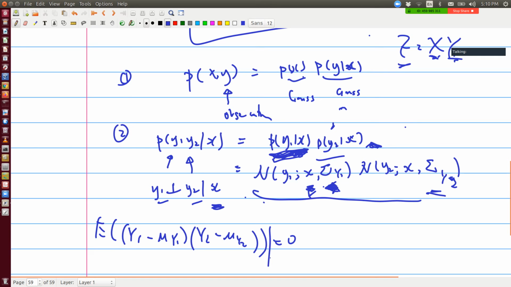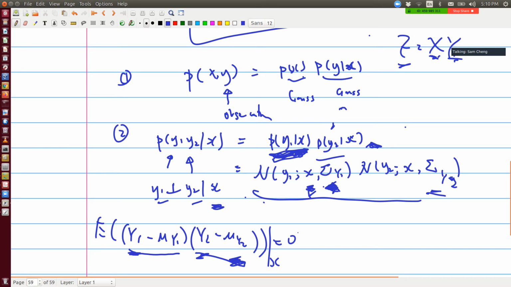I don't know how to write it honestly. It's something like, after observing x, the random variable y1 minus its mean multiplied by the random variable y2 minus its mean mu y2, the expectation is equal to 0. That's correct, that's the covariance between the two. When x is given, it should be 0.